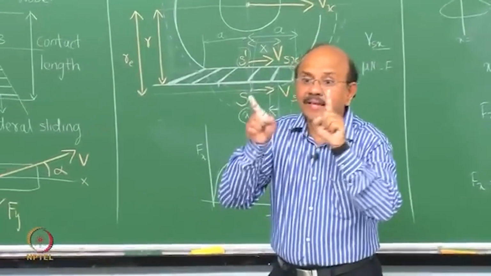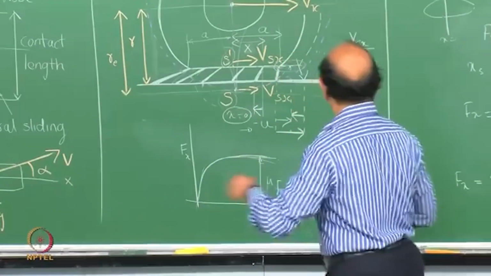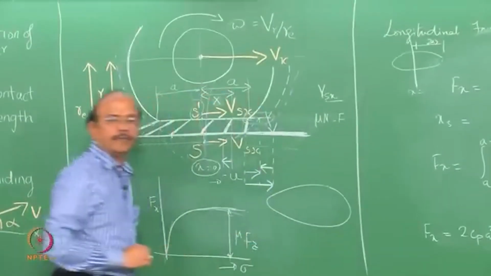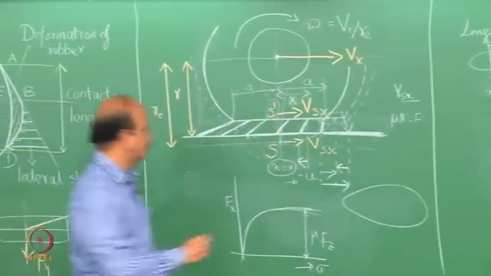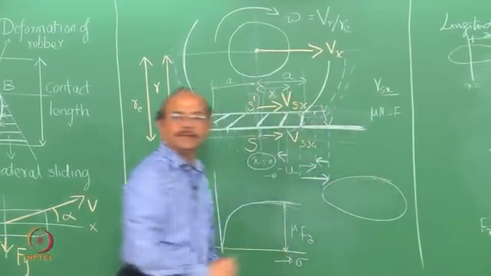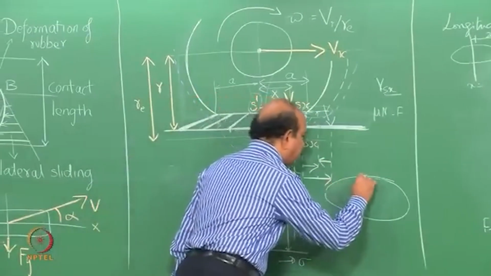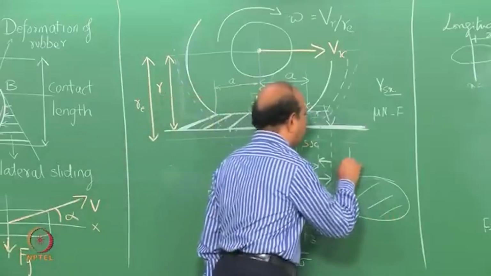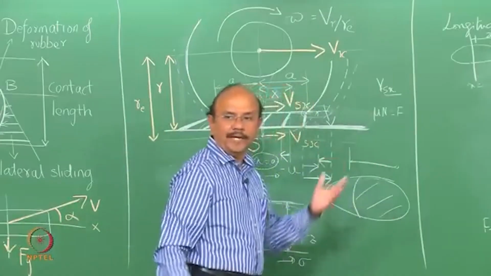So if this is the contact patch, sorry about my diagram, then this is where it is sticking, and this is what we defined as 2a lambda.